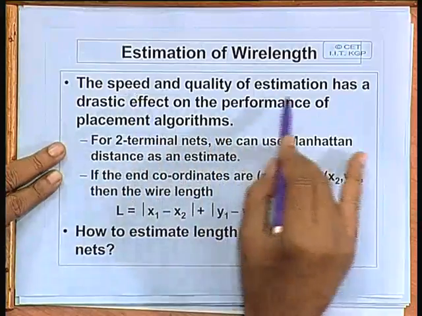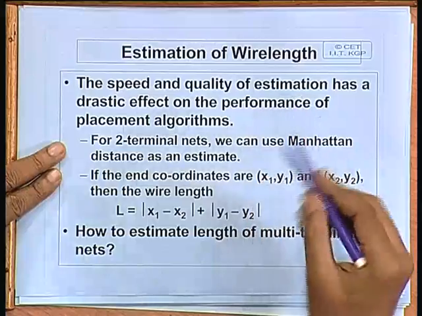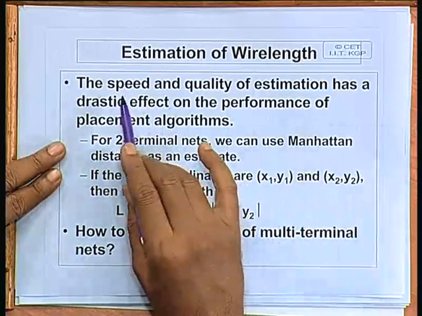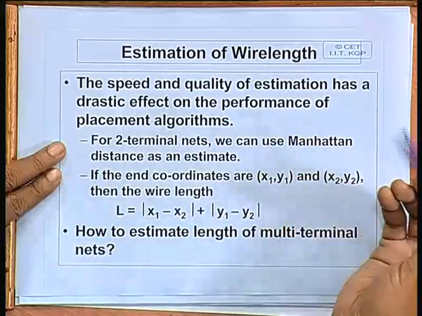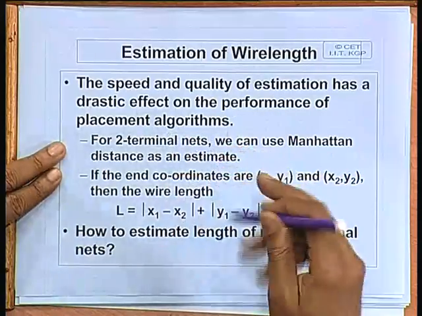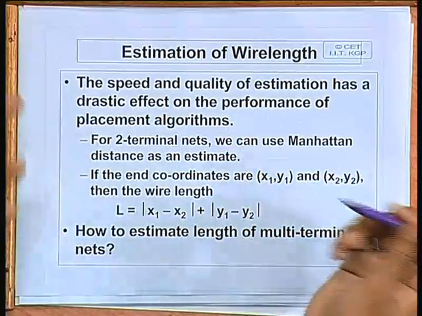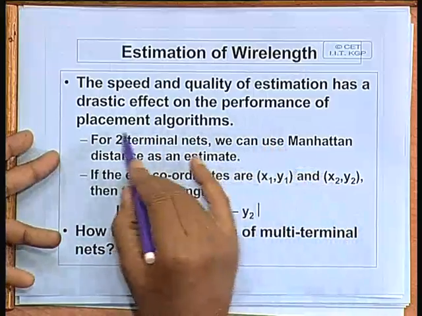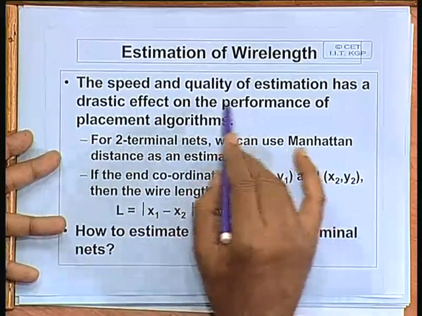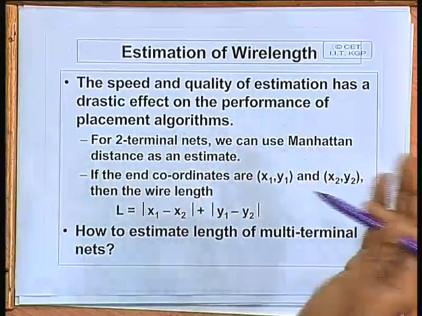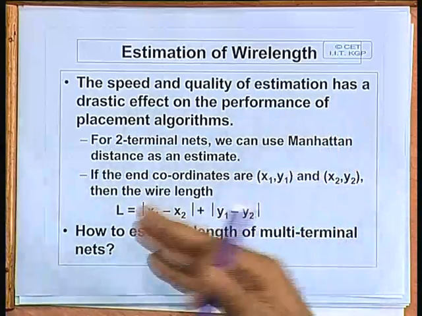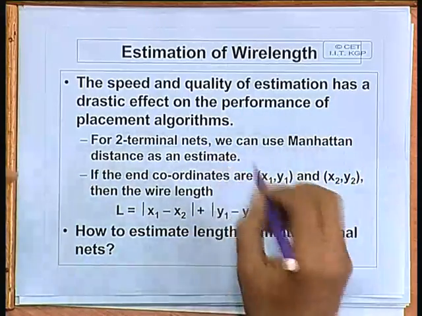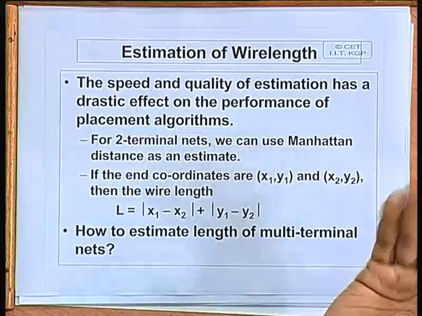Now, the speed and quality of estimation, how fast we can estimate this and how good we can estimate this, will indirectly control the performance of the placement algorithm, because if we have a bad estimation, then the placement may not be very good. If you have a good estimation which is also running very fast, then maybe the placement can be done very fast in a good way.